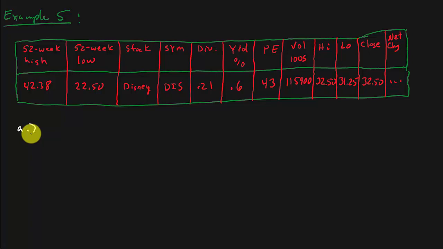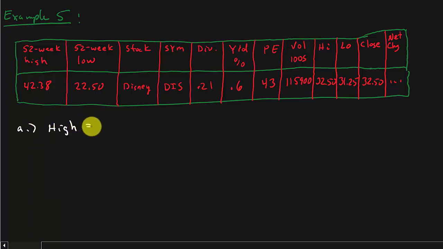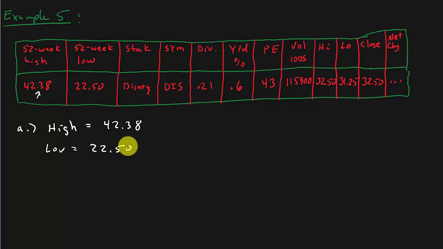So the high would be the 42.38. That's here, and the low would be the 22.50. All right, that's the high and the low. Like I said, I'm not going to get into a lot of depth on this stuff.